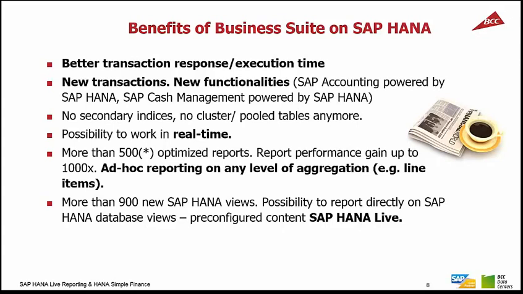And we have more than 500 reports optimized for SAP HANA, standard reports that make it possible to report very quickly. In fact, one can report on the line item level in SAP on HANA, and it will work very performant.